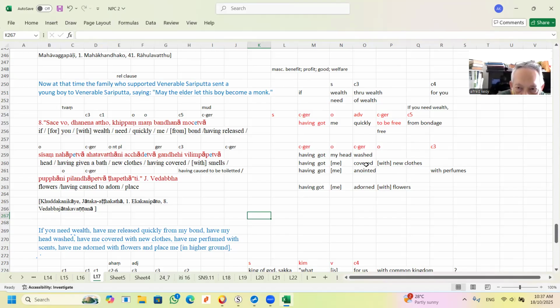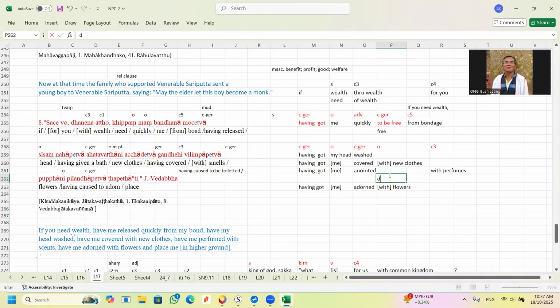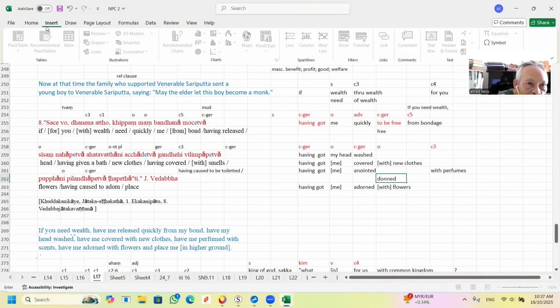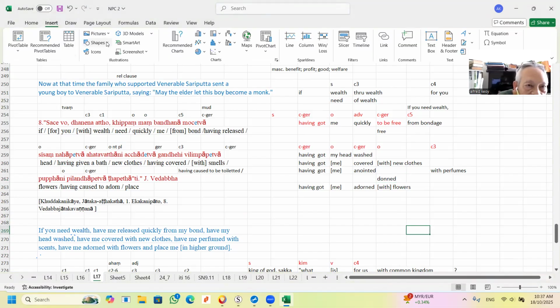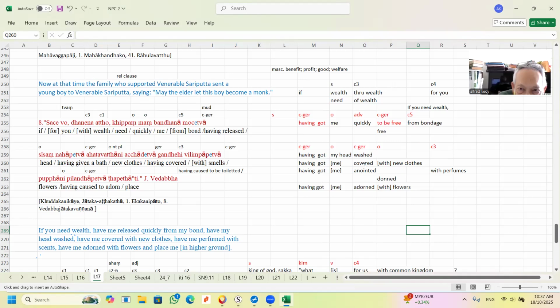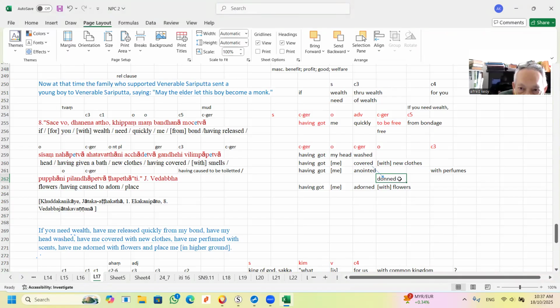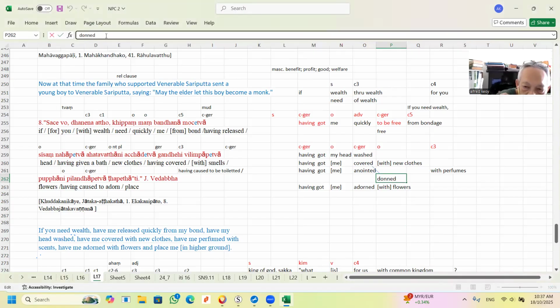You can rechange this. Having donned a new clothes. Don, you can use this word. Or dress up also can, whatever you want to put, whatever words you choose after seeing this part, don, dress up, something like that.